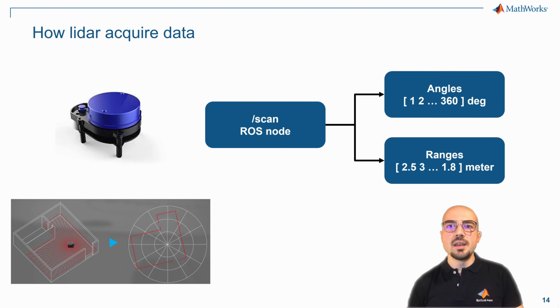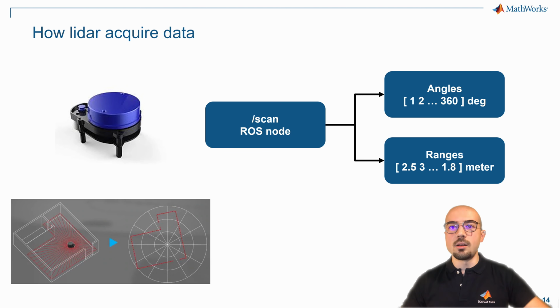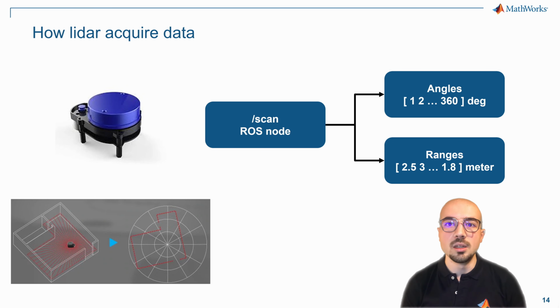This set of ranges will then be stitched into a vector and published in the /scan topic. So the particular node that will run on the robot will acquire this information, do some processing, and publish the range information. This range information is matched with the angles, so we know that from 0 to 360 degrees, for each degree we have exact information about the distance.